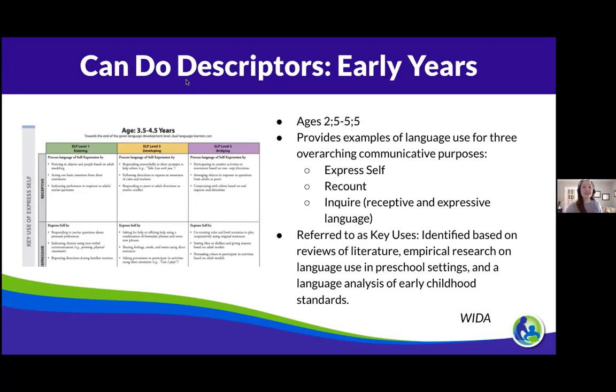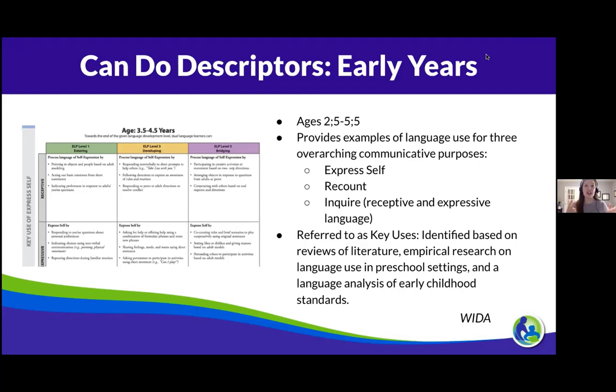All right, so this is a big one for my early childhood people. One thing that we know is that very often early childhood teams report that they don't have as much information on their dual language learners. So they often don't have a home language survey.